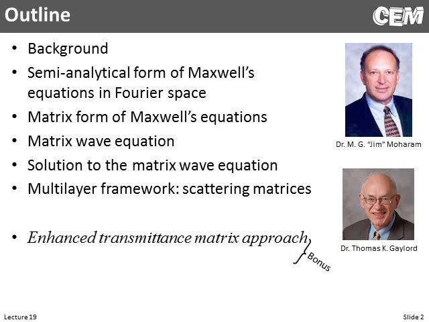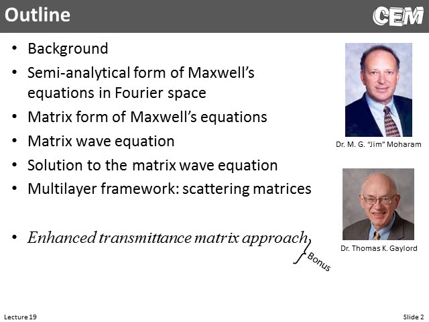And then in the end, as an added bonus, I'm going to talk about something called the enhanced transmittance matrix approach. We talked a bit about what makes transfer matrix method blow up, and this was suffered by rigorous coupled wave analysis, and then the first time it was solved with a technique called the enhanced transmittance matrix approach. Now, I'm teaching scattering matrices because that seems to have won as the dominant way of cascading multiple layers.